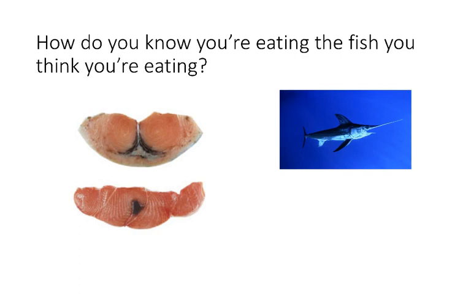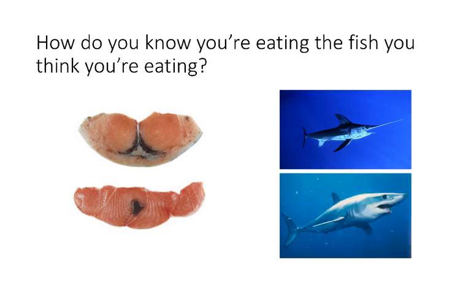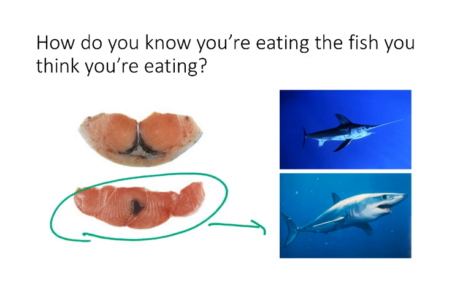Or in this instance that I'm using here, there have been instances of people substituting an endangered species and saying it's something else. In this image here, the fillet on the top is from a swordfish, and the fillet on the bottom is from an endangered mako shark. This is one example where they have found that restaurants or markets were selling mako shark but telling people it was swordfish.